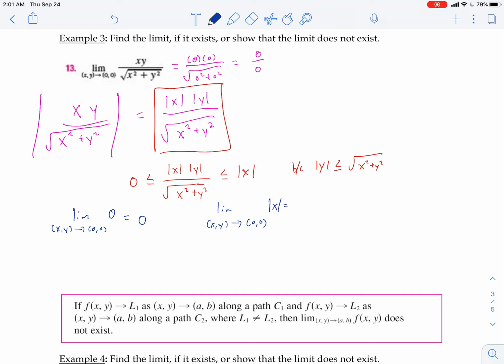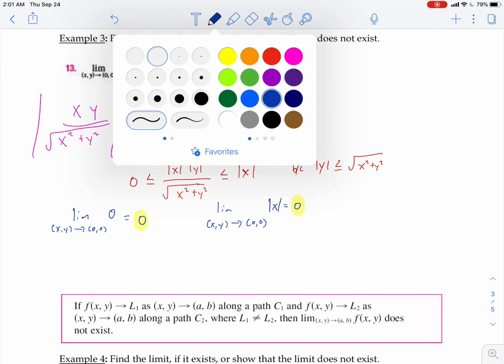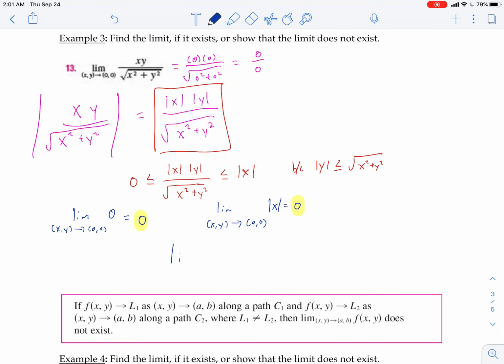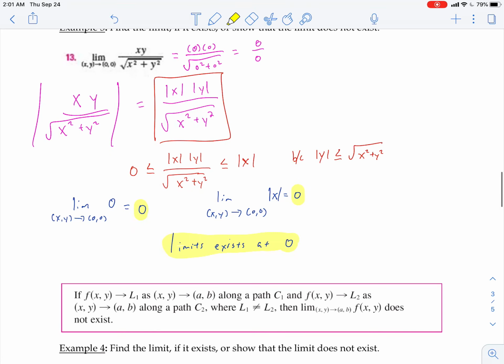And all we do is we now plug in 0 for x, and we're going to get 0. Because the limit is the same for both of these, the limit exists, and it exists at 0. All right. And that's the squeeze theorem.